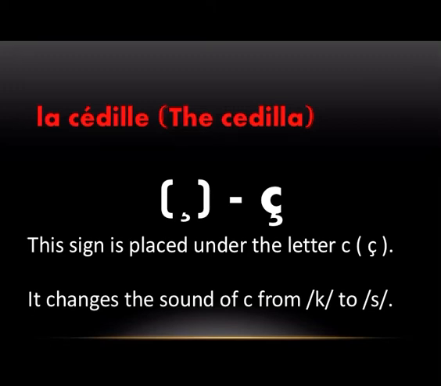La cédille is like a tiny wing beneath the letter C, and it is placed only under the letter C, not under any other letter, and it changes the sound of C from K to S. Usually you must have noticed that a word beginning with the letter C produces the sound of K. For example, cat, cafeteria, coffee, etc. But when the cedilla is placed beneath the letter C, it changes the sound of C from K to S.